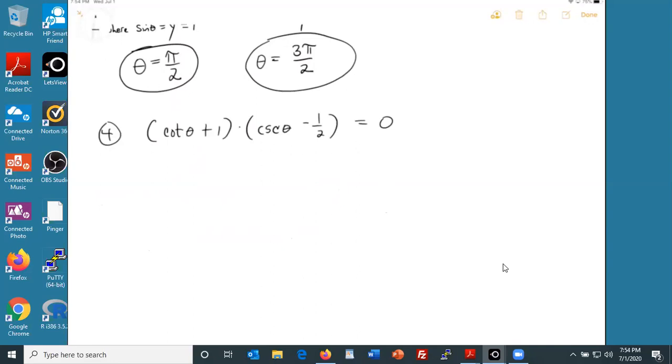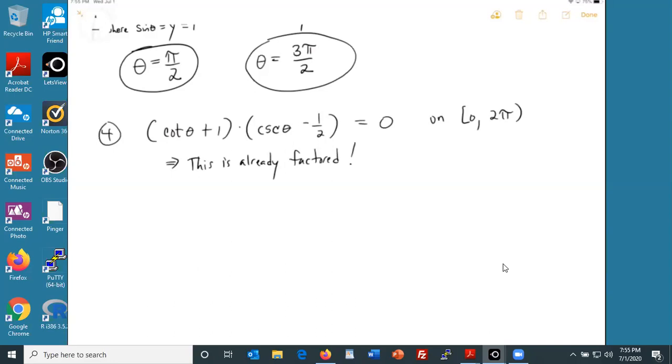All right, now what do you notice about this equation? Of course, we're going to solve it on 0 to 2 pi for finite answers. But you notice something? It's factored already, which means somebody already did a little bit of work for you.